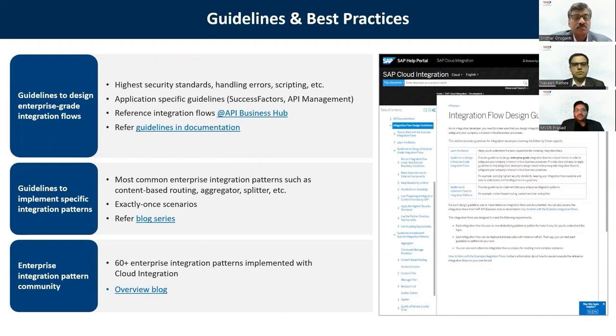We also need to use as a reference the API Business Hub, which contains predefined content to enhance the integration. The guidelines also provide the naming standards and other standards which we need to follow as part of the integration design, which are available in the SAP help document very clearly.